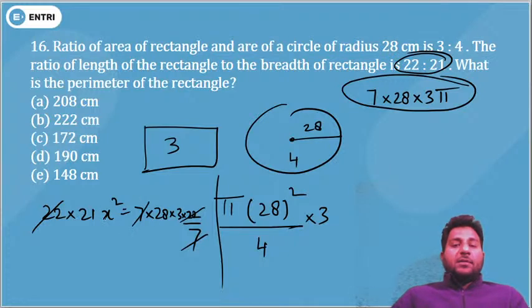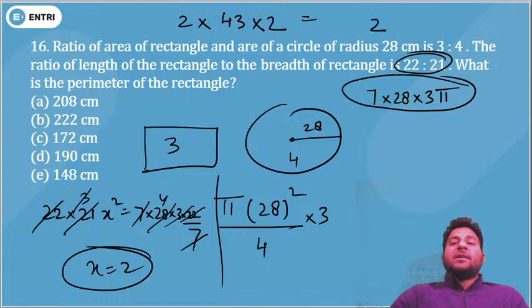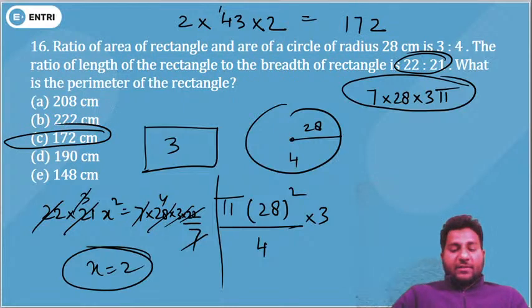Look at this, 7 3 7 4 3 3, which means the value of x arrived as 2. What is the perimeter of the rectangle? So clearly perimeter of rectangle will be 2 into L plus B, which means 43 into 2. So clearly 4 3s are 12, 4 4s are 16 and 17. So clear answer is 172.